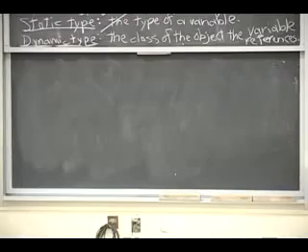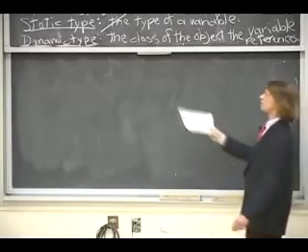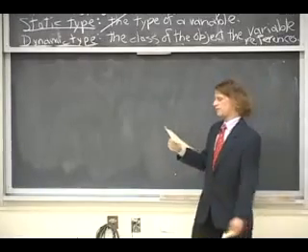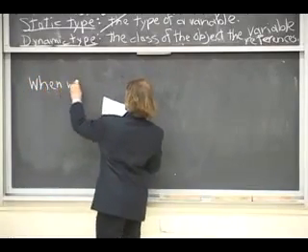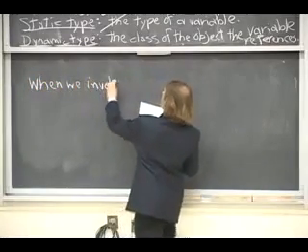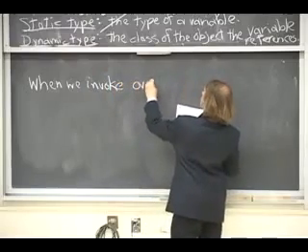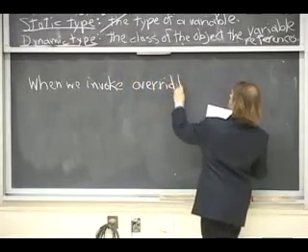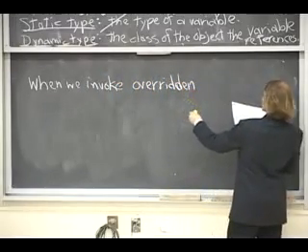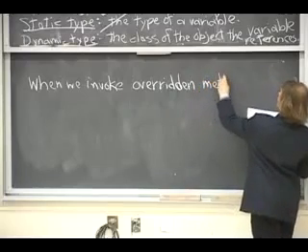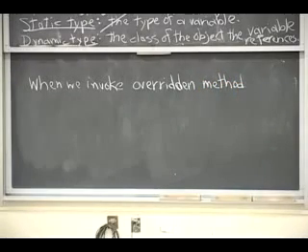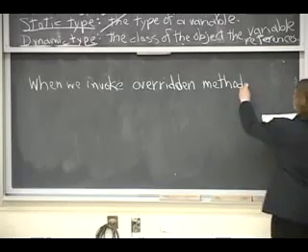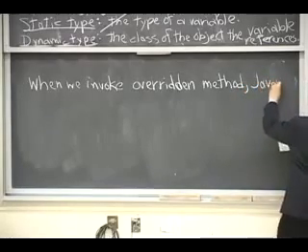All right, let me tell you what dynamic method lookup is now that we know what a static type and dynamic type is. When we invoke a method that has more than one implementation, a superclass implementation, and a subclass implementation that overrides it, or for short, when we invoke an overridden method, which one does Java call?